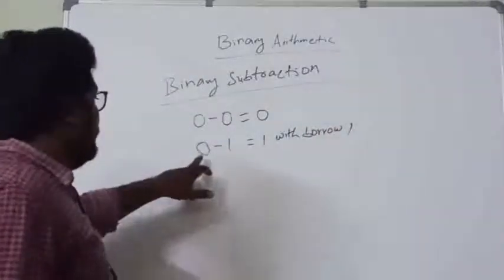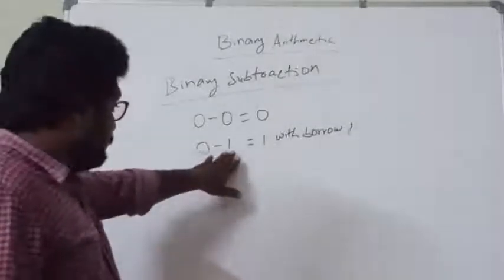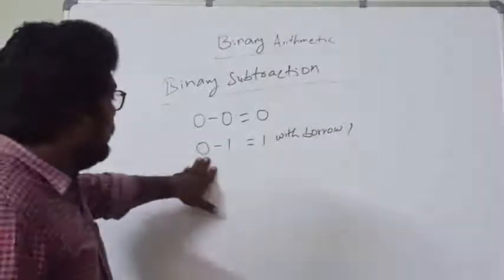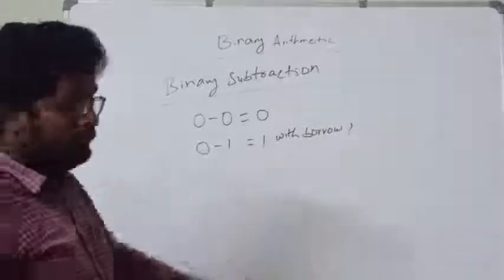Here we are performing the subtraction operation. We are taking out the higher bit from the lower bit, right? So we will have the resultant as 1 with borrow 1, right?